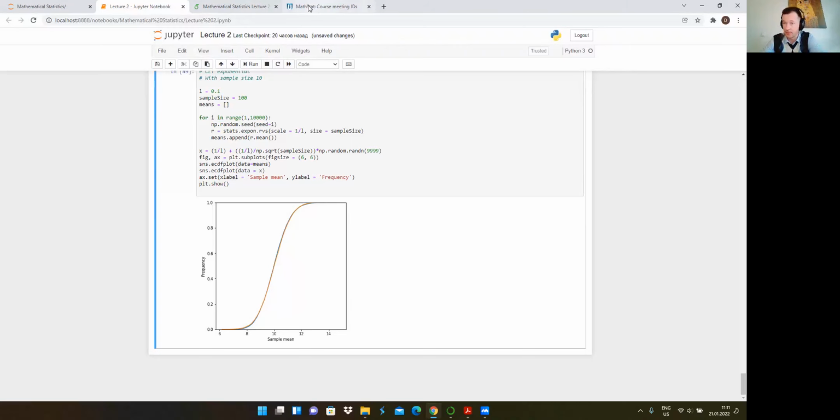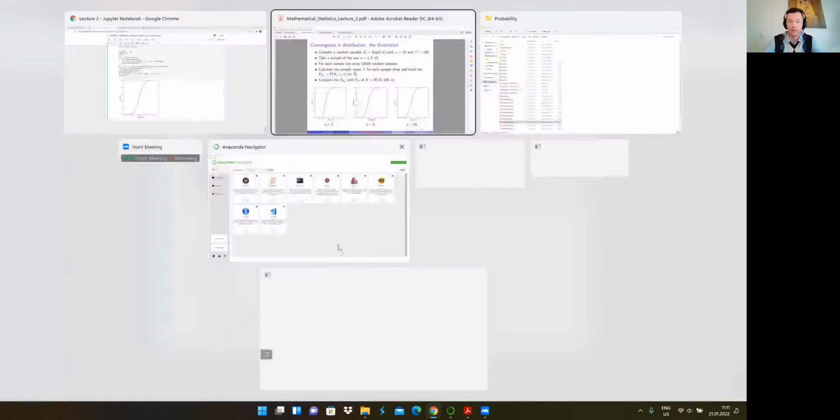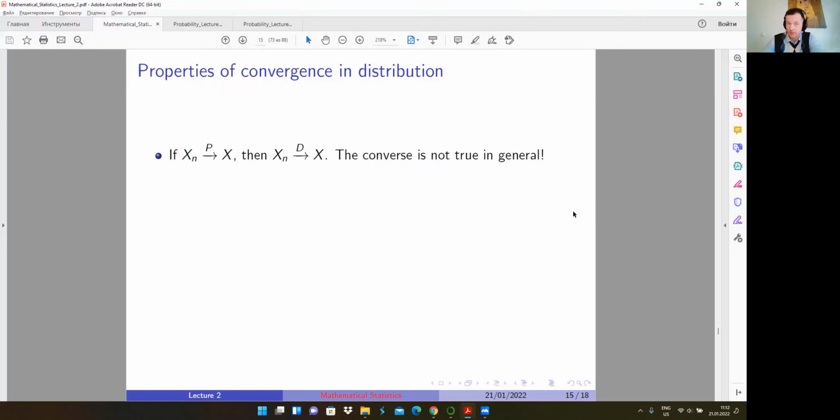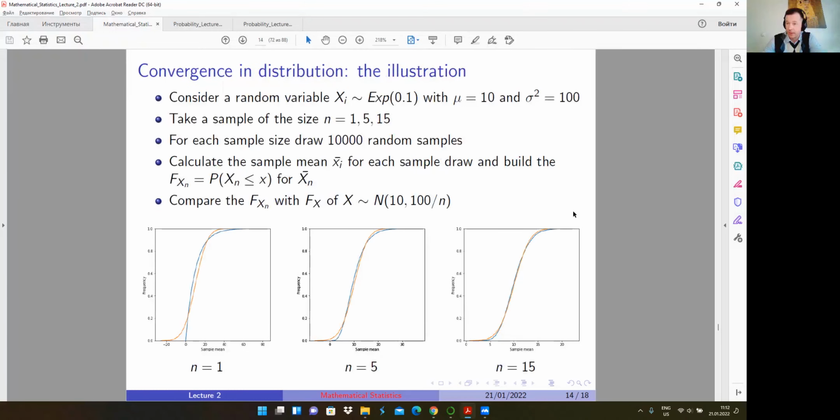In our case, this theoretical distribution function is the normal one with the mean 10 and variance 100 over n. So practically, it gives us the following result. Whenever your sample size is large, you can believe that the sample mean is distributed normally.